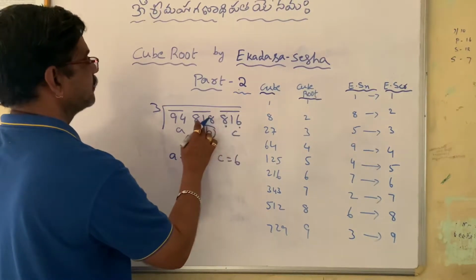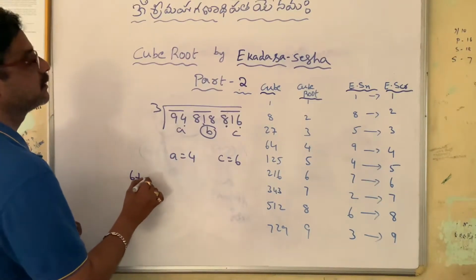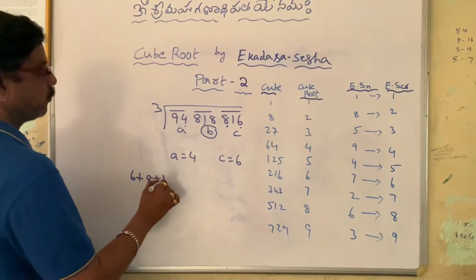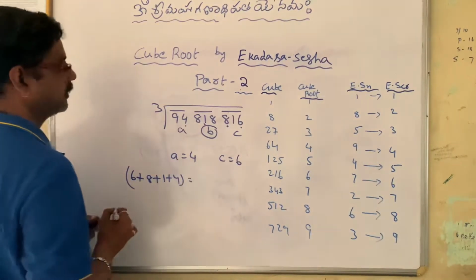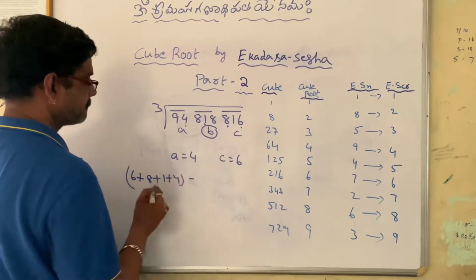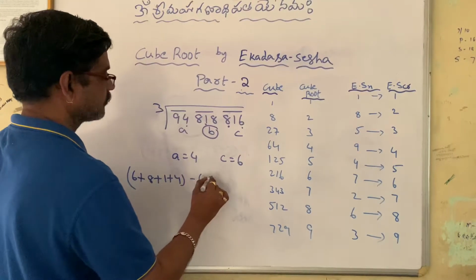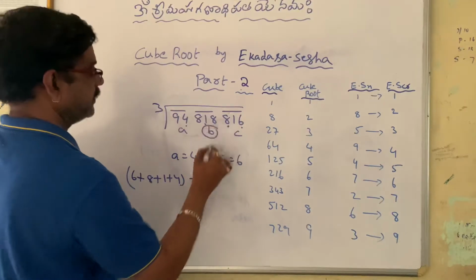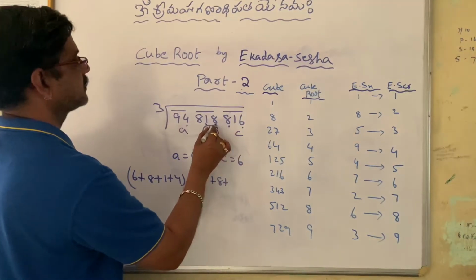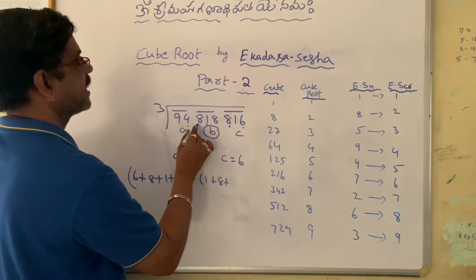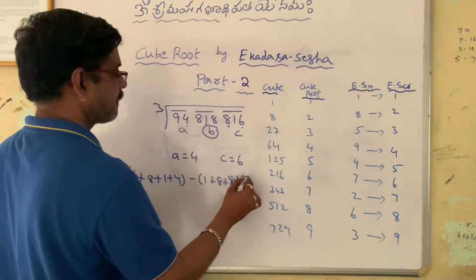6, 8, 1, 4. Add all those: 6 plus 8 plus 1 plus 4. Minus the remaining numbers: 1 plus 8 plus 9.